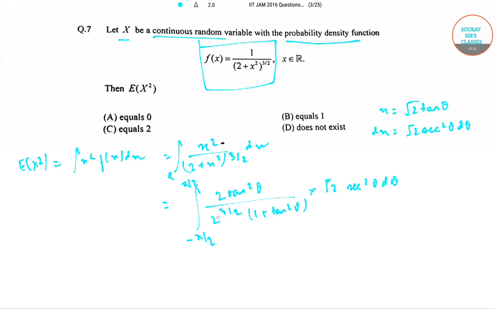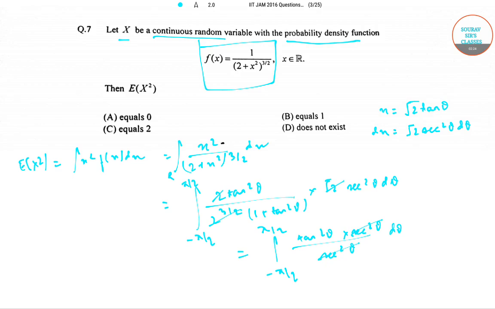and this, 2 into root 2 is equal to 2 to the power 3 by 2, so this cancels out and this comes out to be the integral from minus pi by 2 to pi by 2 of tan squared theta into sec squared theta by sec squared theta, since 1 plus tan squared theta is equal to sec squared theta, into d theta.